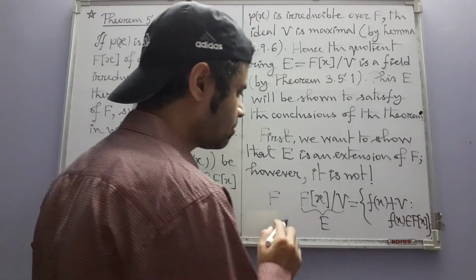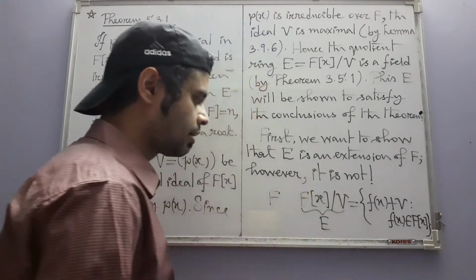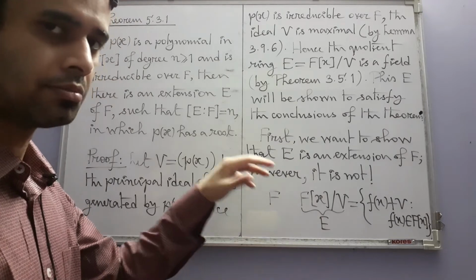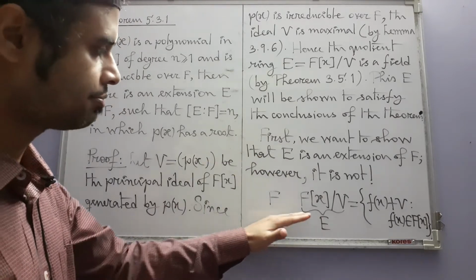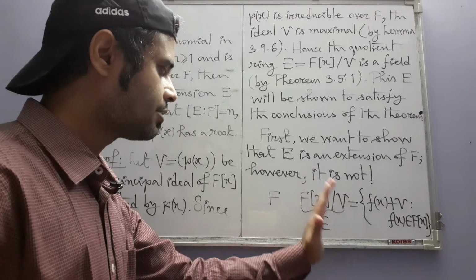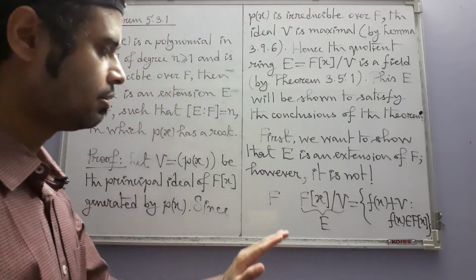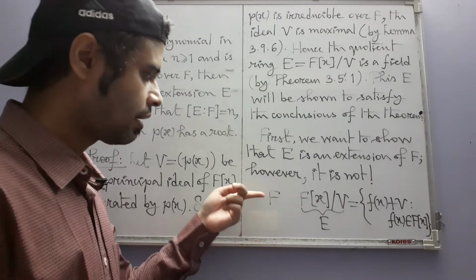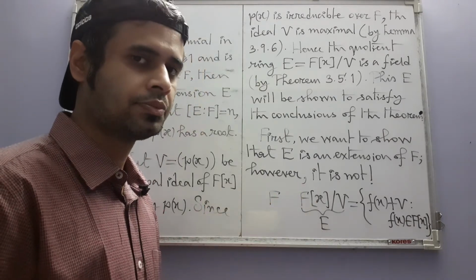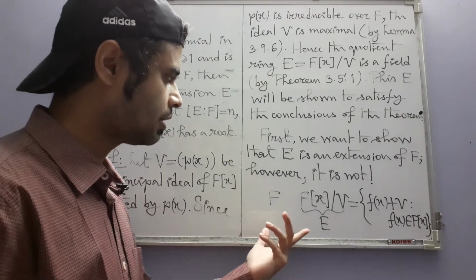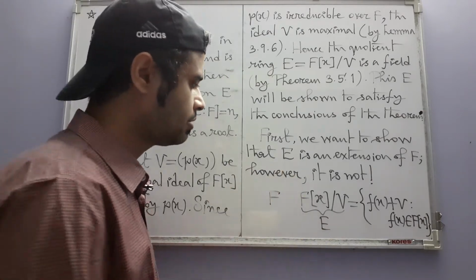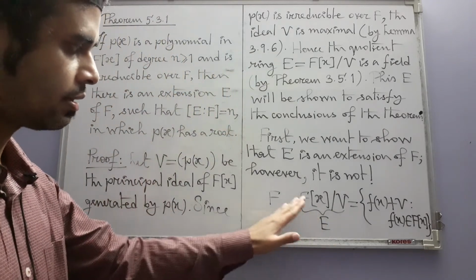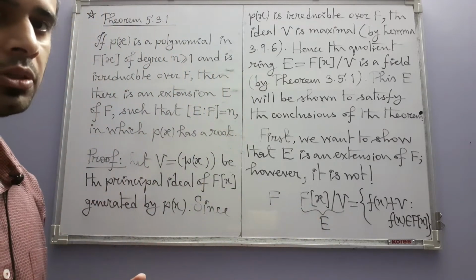So if you can show that this field E has a proper subfield which is isomorphic to F, then it is the same thing in the sense of isomorphism as having F inside this. In that sense, once we show that F is a subfield of this, E is an extension of F. That's what we are now going to do.